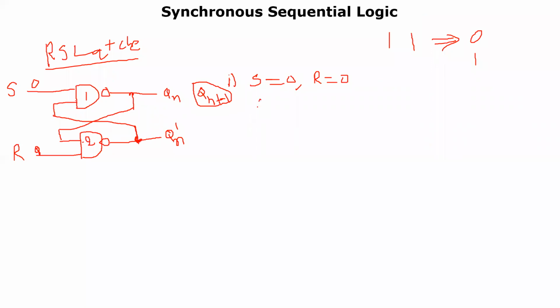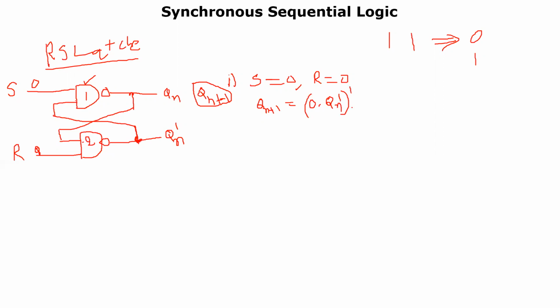Qn plus 1. So Qn plus 1 will be equal to, let me consider at gate 1. The input of this one is 0 into, so the second input will be Qn complement whole complement.